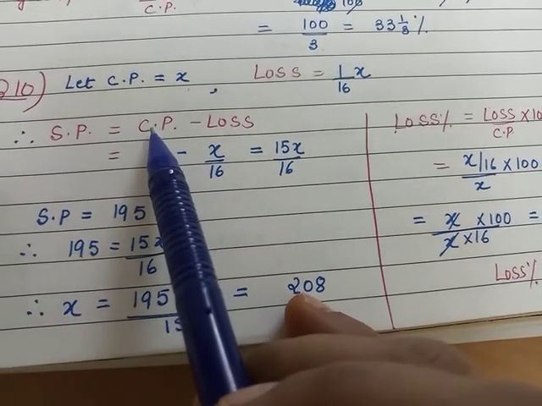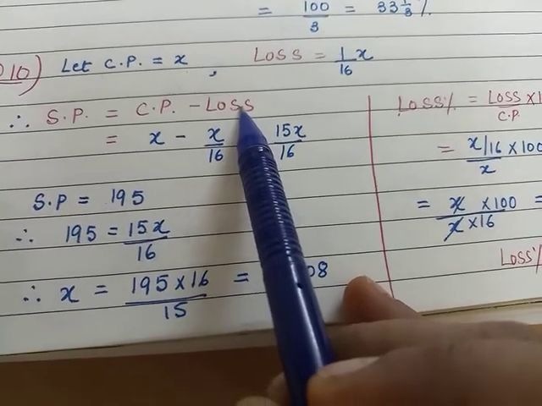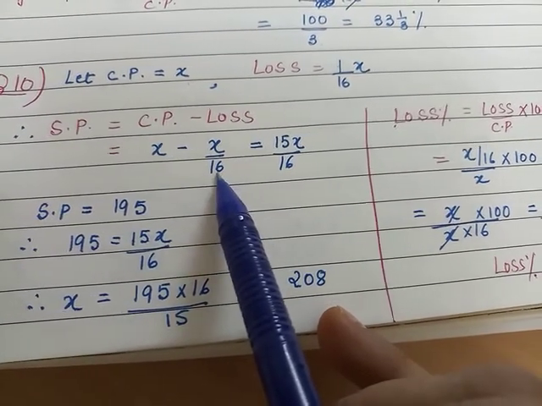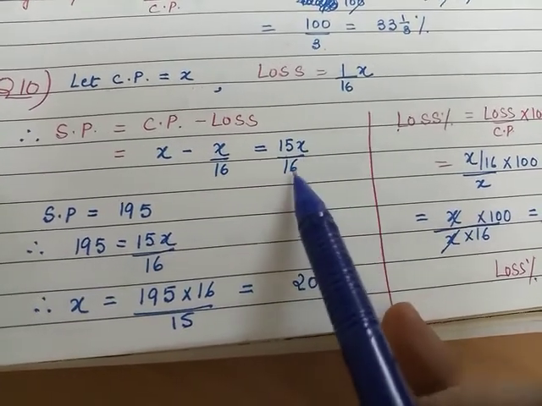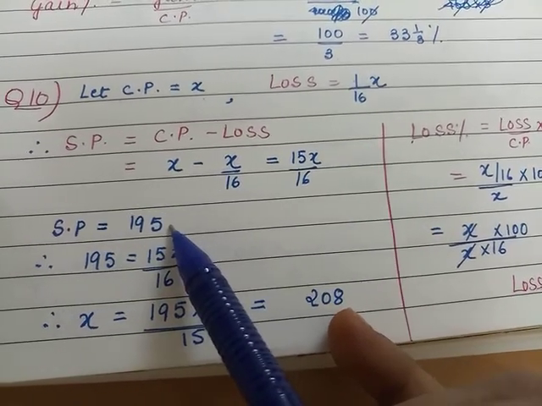Selling price is equal to cost price minus loss. This is the formula. So we keep x minus x/16, that is equal to 15x/16.